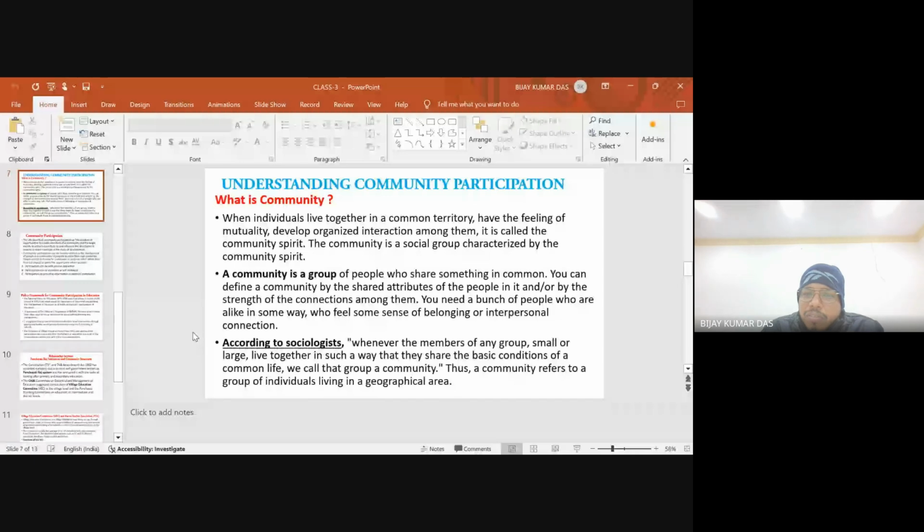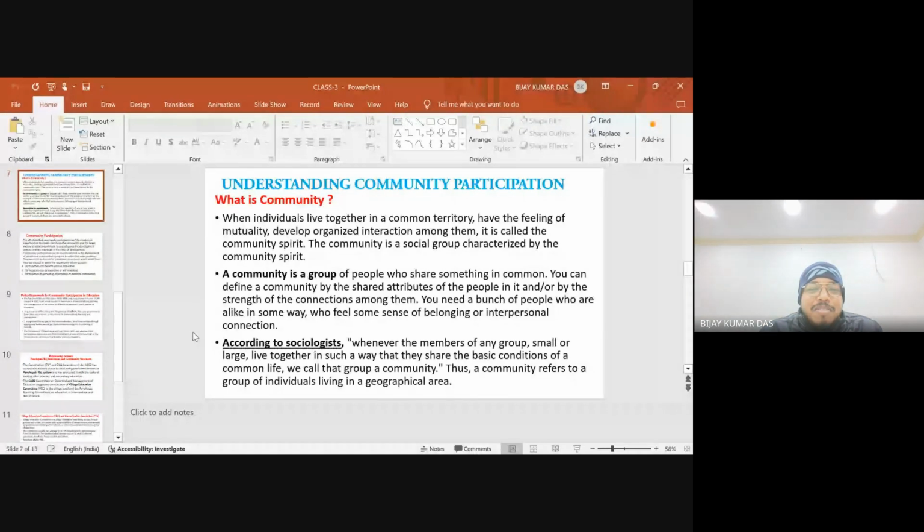So, from a teacher's point of view, we should have knowledge about that. The involvement of community members is very important for understanding the education system.